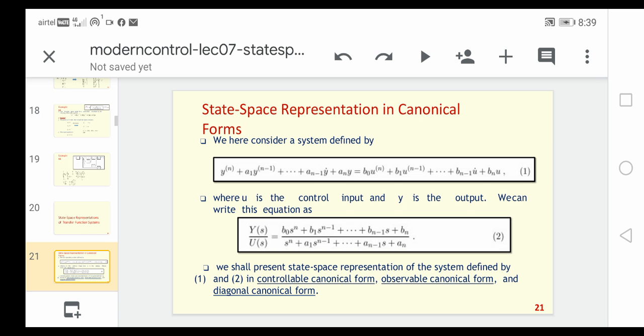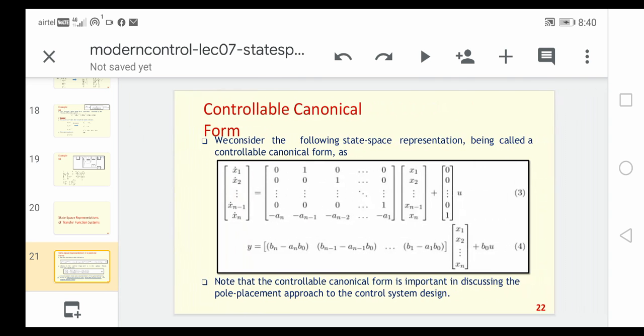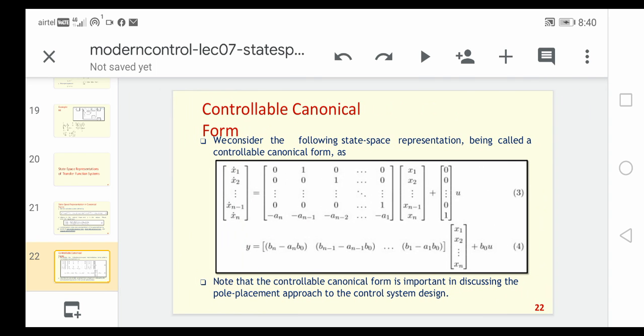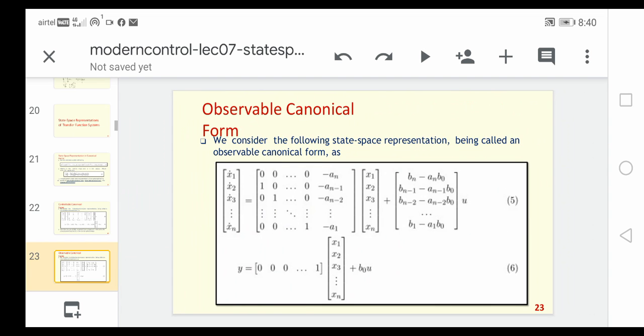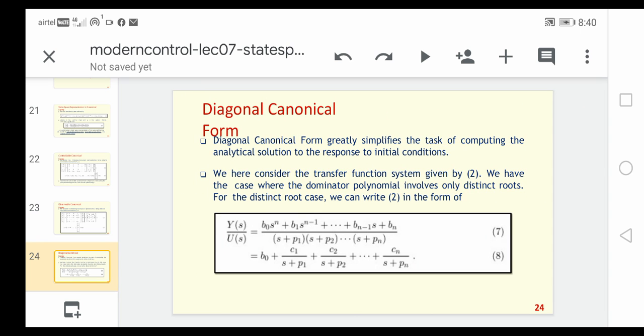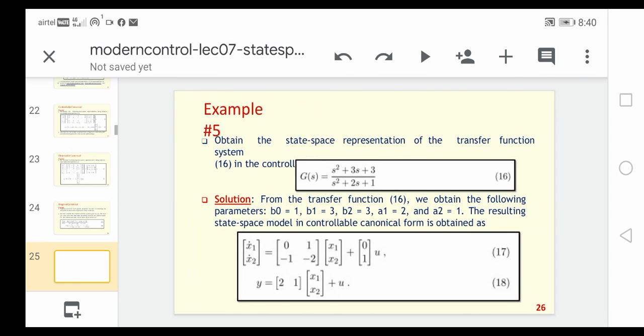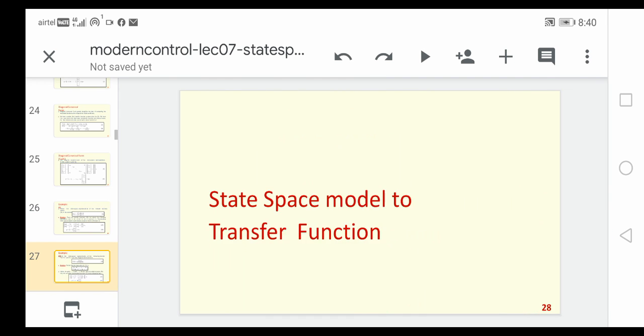See, the state representation is always an nth order equation. After that I write that differential equation in the S domain, and then we find Y of s by U of s like this, and then I write the equation in controllable canonical form, and this is observable. All the equations we are writing, these are not required for you.